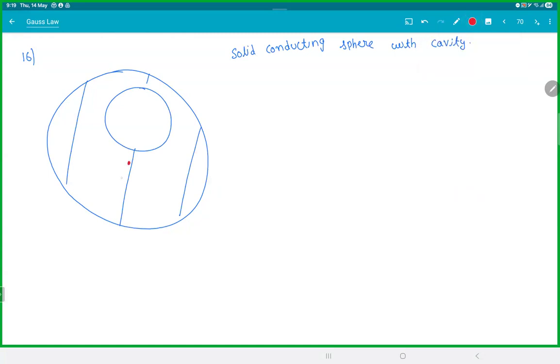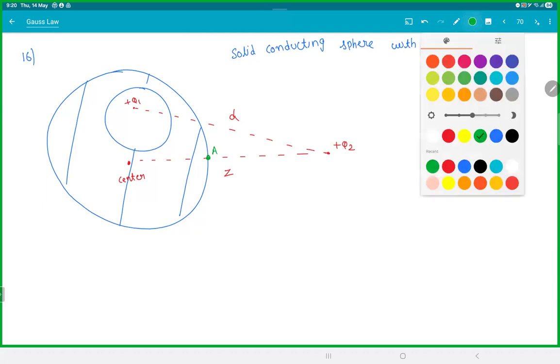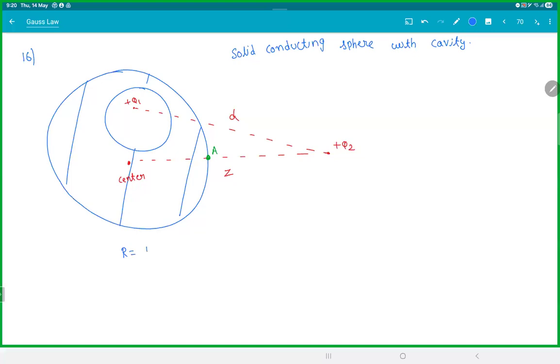This is your center. This is your charge Q2. Here we have a charge Q1. This distance is D and this distance is Z. This point is A. A is a point on the surface. A is the radius of the sphere.